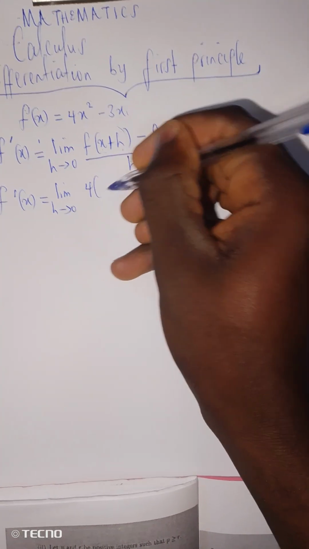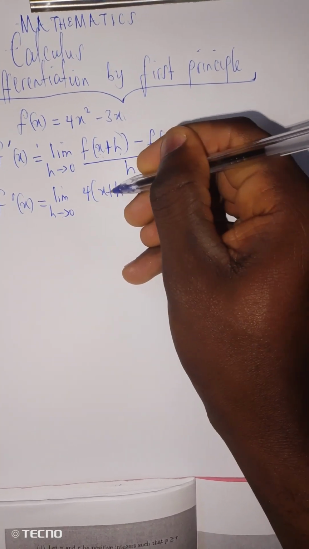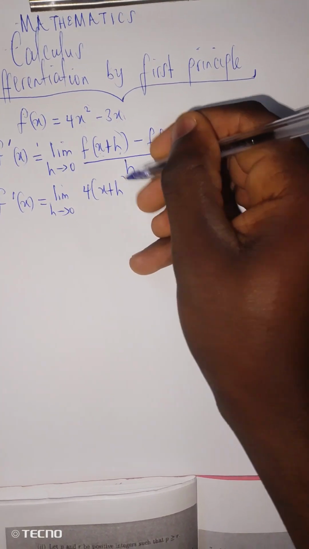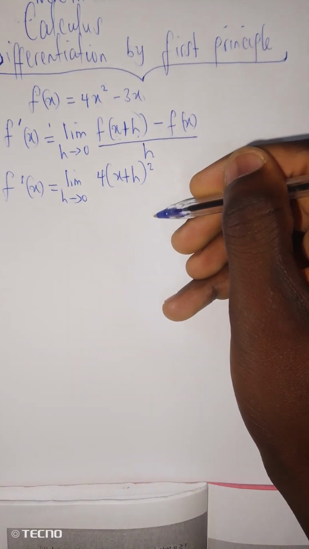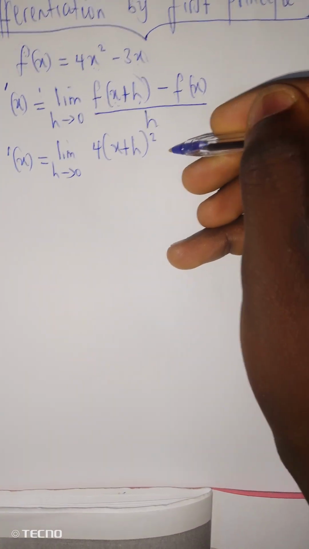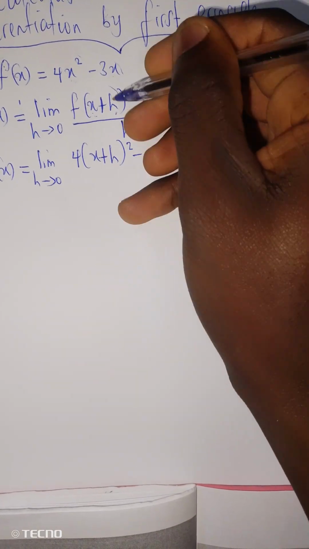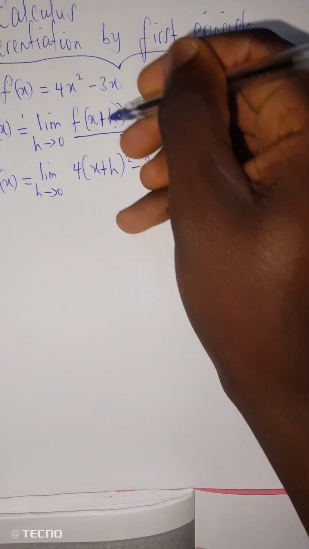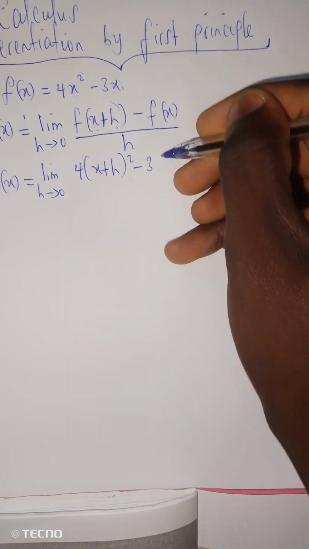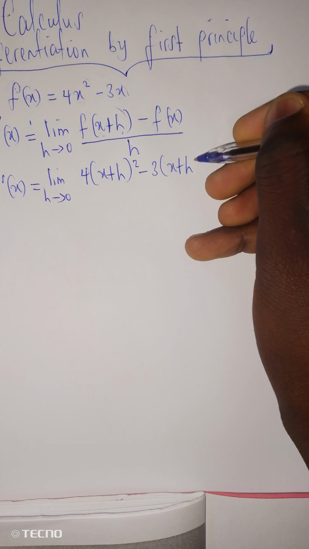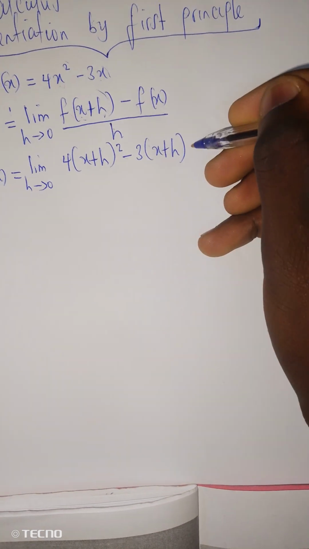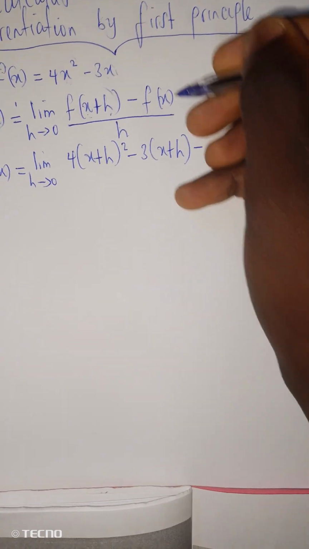So I'm going to say x plus h, then it is squared, so I'm going to write the square there. Again, minus 3, wherever there is x in this function, I'll substitute x plus h, then minus the entire function.